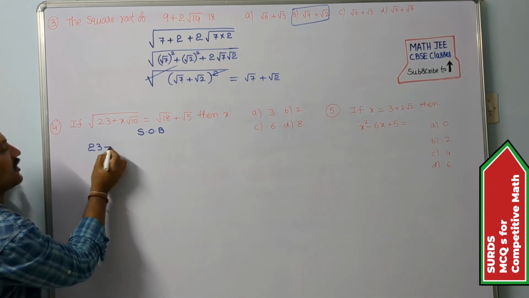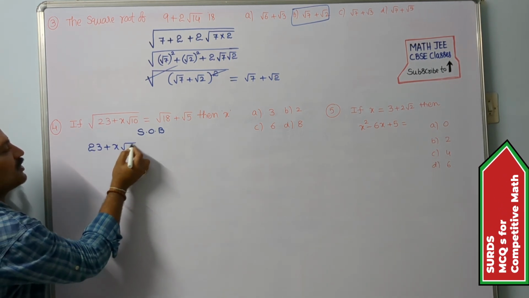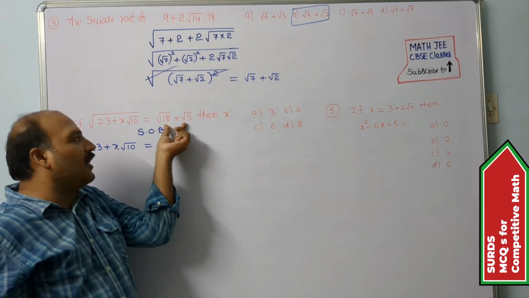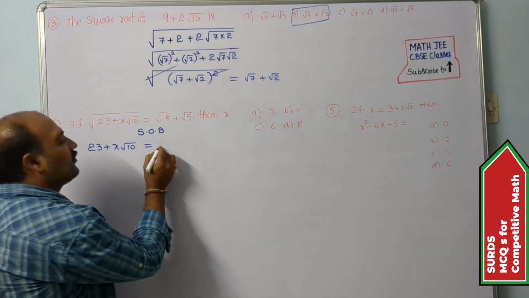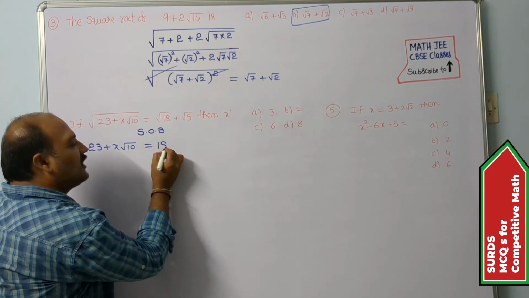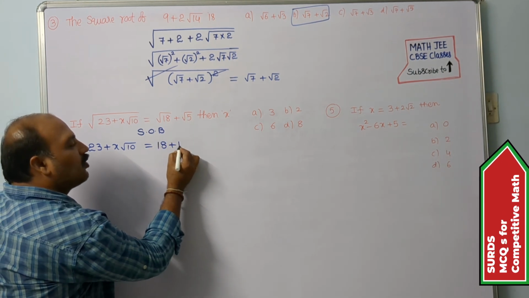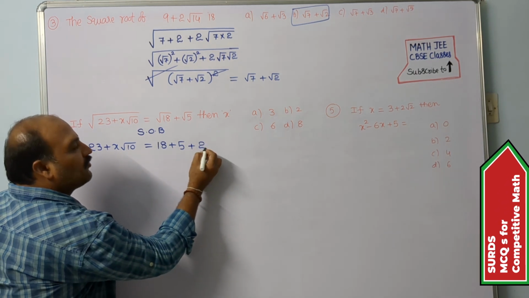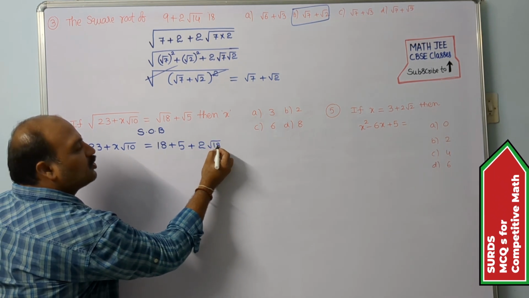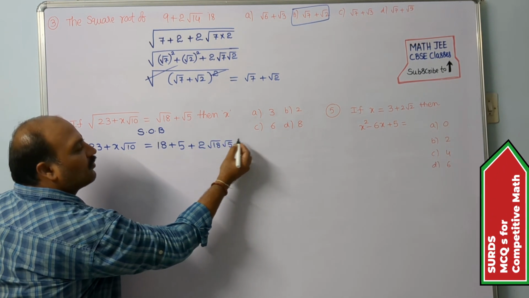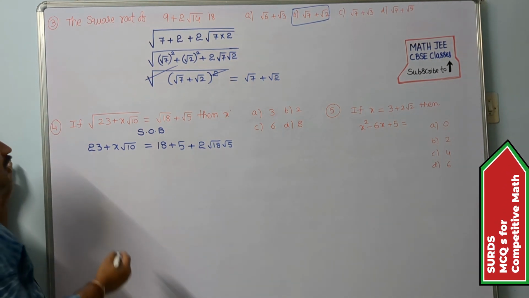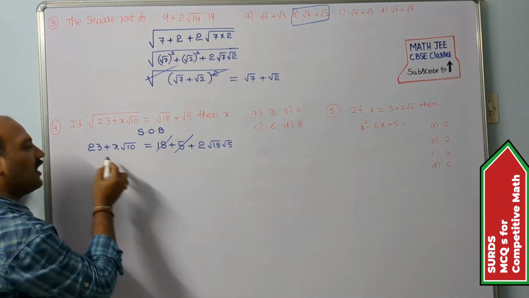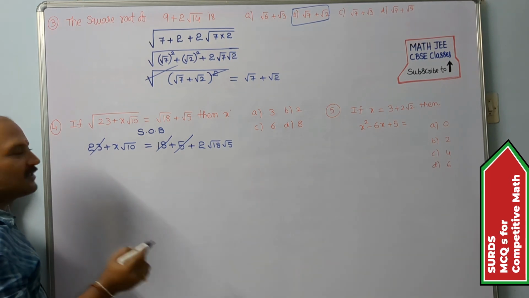Remove that. 23 plus x root 10 is equal to, here we apply a plus b whole square. So root 18 whole square is 18, plus root 5 whole square is 5, plus 2 into root 18 into root 5. After that, on both sides 18 plus 5 is 23, so 23 gets cancelled.